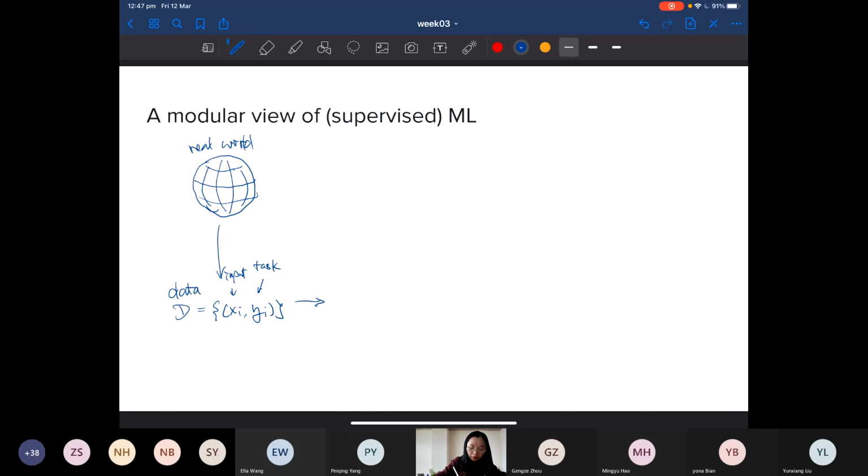And then what we do is we define some function f of x parameterized by some w. Oh, let's see, just f of some variable parameterized by w.